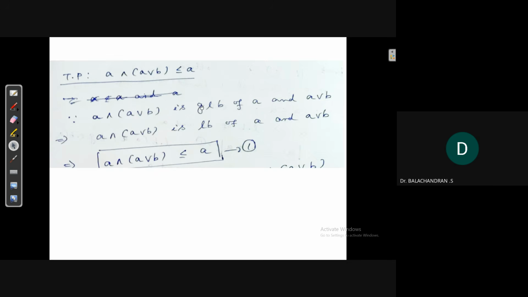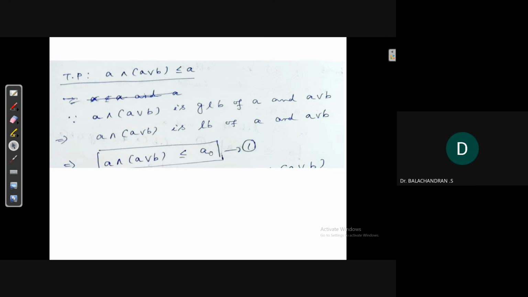It is a lower bound of A as well as a lower bound of A or B. I need only that this quantity is a lower bound of A, so I wrote A. This quantity is less than or equal to A because it is a lower bound of A. I don't need that it is a lower bound of A or B. This is equation number 1.